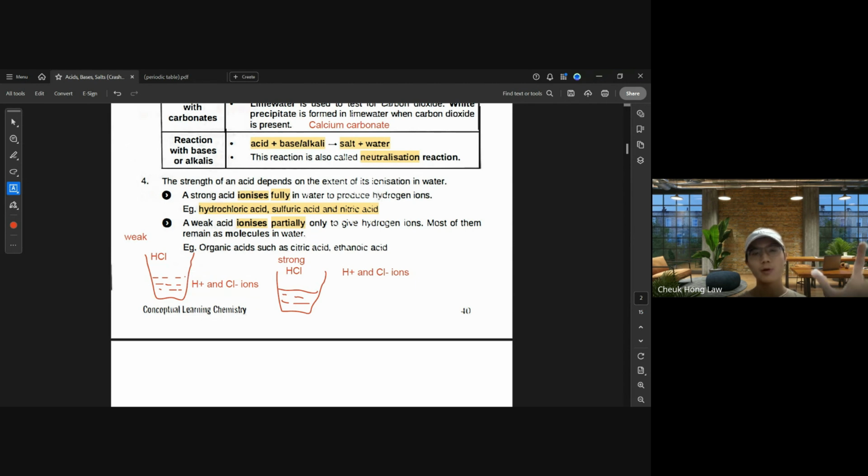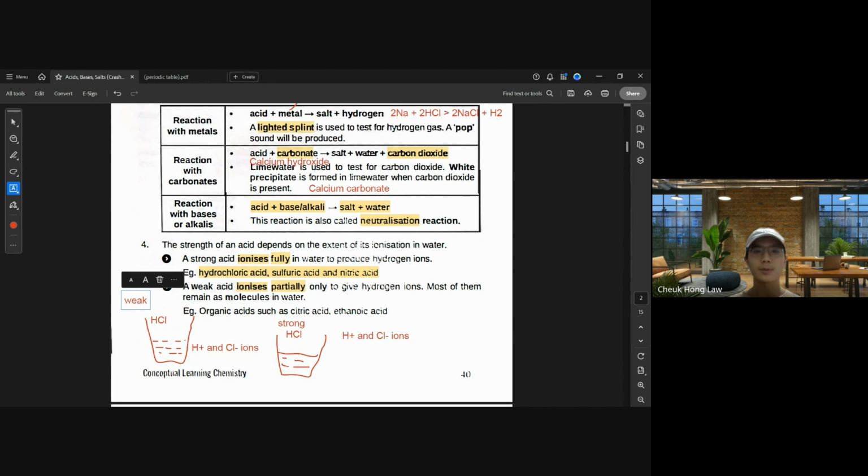Maybe only half of the HCl will turn into H plus and Cl minus ions, and the other half will remain as HCl molecules. That's what it means by ionizing partially. Ionized partially is a weak acid. Ionized fully is a strong acid. Examples of weak acids are your organic acids.